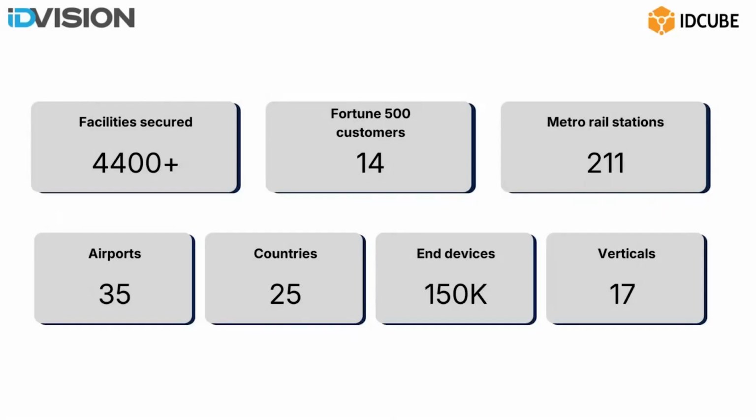We have done 200 plus railway projects, 35 plus airport projects. We've worked in 25 different countries. We have integrated with or are working with 150 different endpoints, and we work across 17 different verticals. Just to give you a breadth of the experience that we bring.